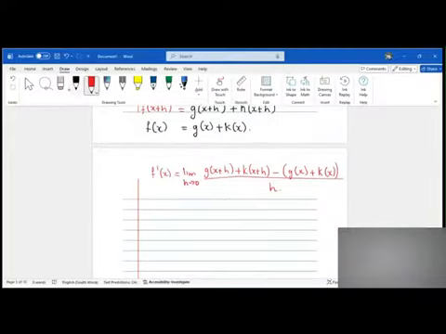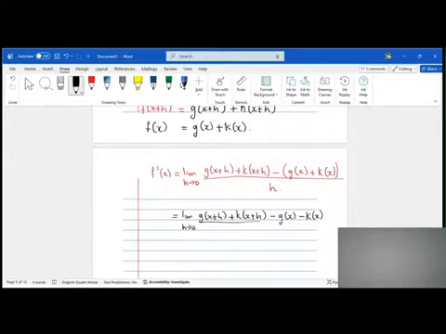So this will end up being the limit. I'm just going to work out the bracket there, each and every function, and this will be all over h. So that's what we have there.